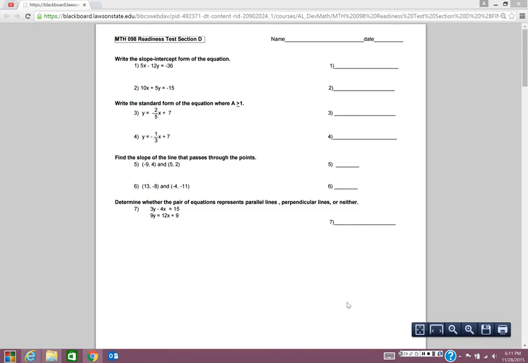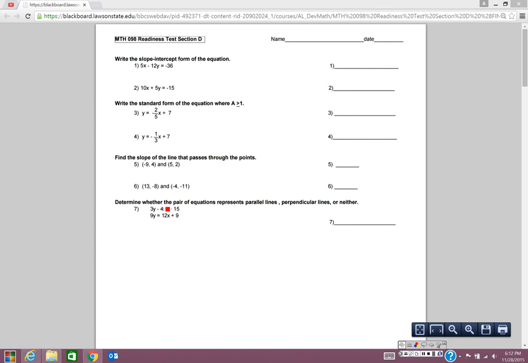Now let's determine whether the pair of equations represents parallel lines, perpendicular lines, or neither. We have 3y minus 4x equals 15. So what you first need to realize is that parallel lines have equal slopes.